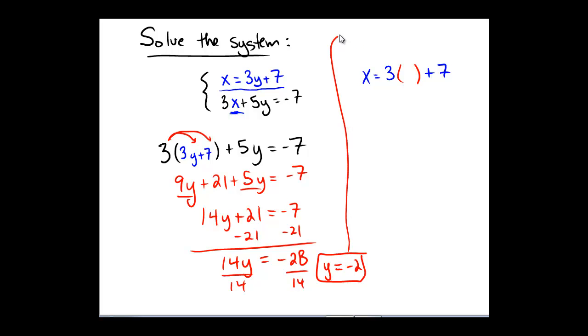So we can now replace it into here as a negative 2 and then calculate what we get. 3 times negative 2 is negative 6, plus 7, and negative 6 plus 7 is 1. So it looks like x is 1, y is negative 2 is the final solution.